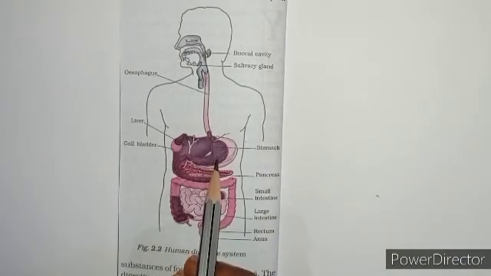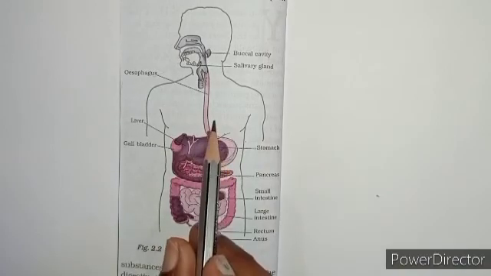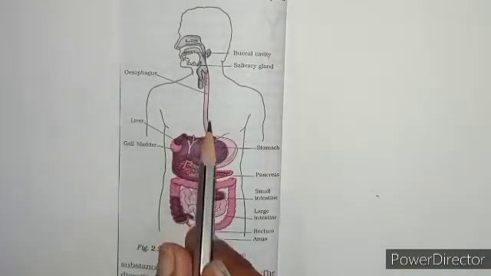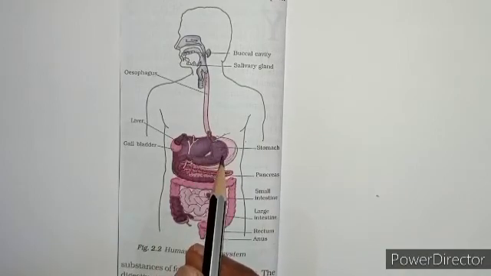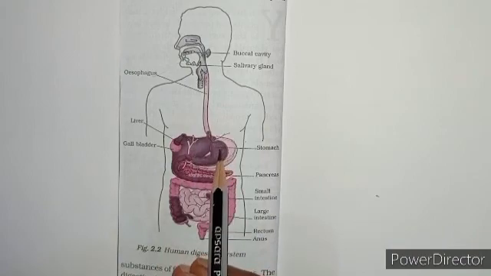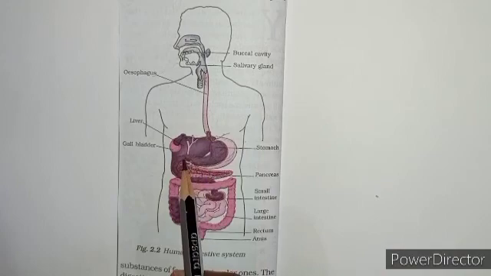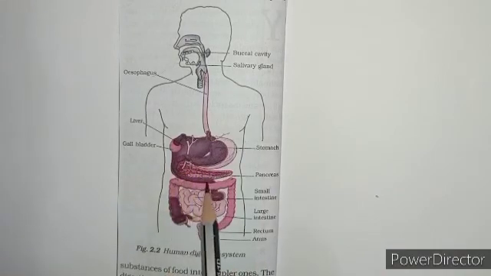The stomach receives food from the food pipe at one end, and opens into the small intestine at the other end.